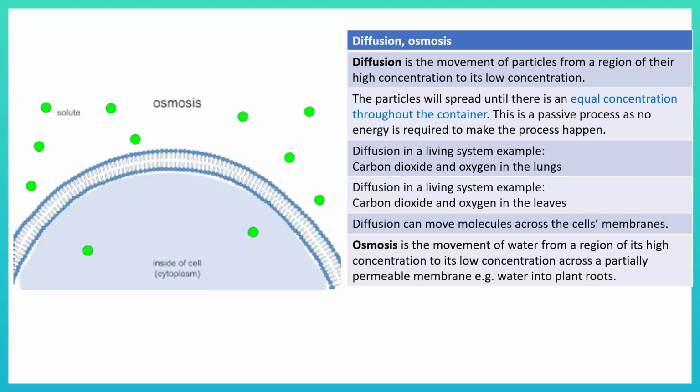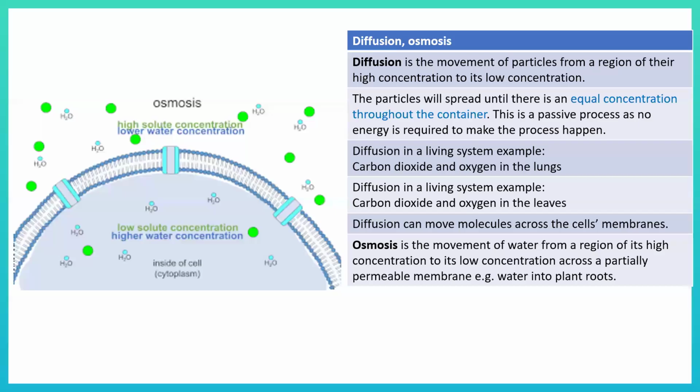What happens? We've got the solute outside the cell. High solute concentration outside the cell. You can see there's more salts, and a low solute concentration inside the cell. So the water is going to go from where it's in high concentration, which is inside the cell, to where it's in low concentration outside the cell.